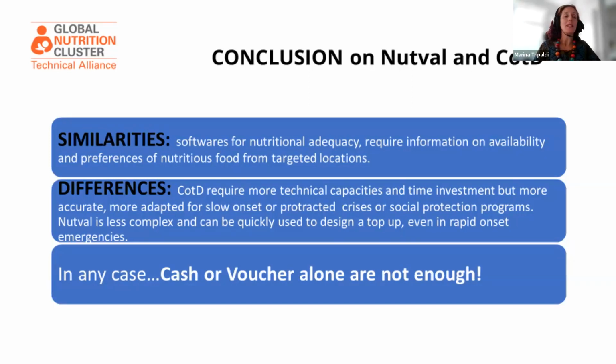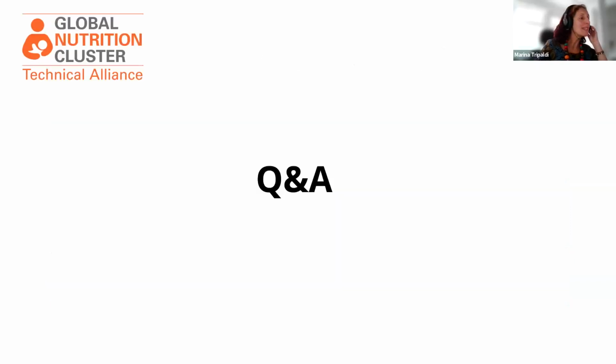So I'm going to stop here now, and we are going to go quickly into the Q&A session. We have received so many questions today. We have tried to answer many of them. I'm just going to try to summarize some of the key topics that were highlighted by you.